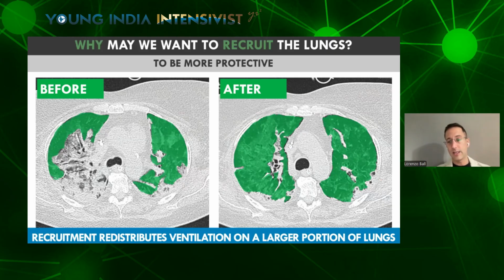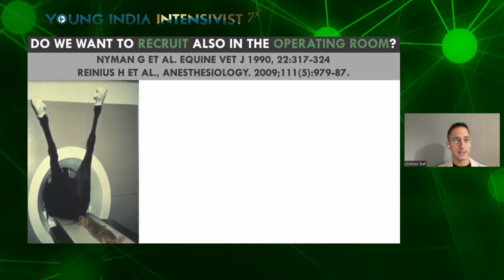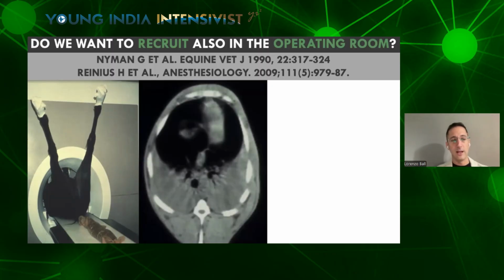This is very much studied in ARDS, but we know from animal studies, this is a very famous slide of a study conducted in the 90s on a horse, actually. It's a horse inside the CT scan. The only fact of inducing neuromuscular blockade and general anesthesia for intubating the animal and ventilating him induces dorsal collapse of respiratory units.